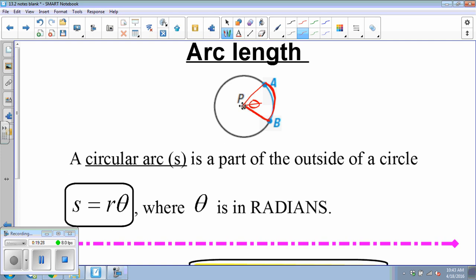I have no idea why they use the letter S, but they do. S represents arc length. So the arc length equals the radius times theta. Theta is your central angle in radians.